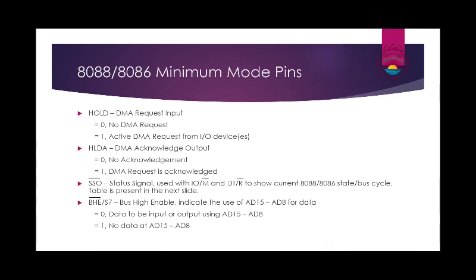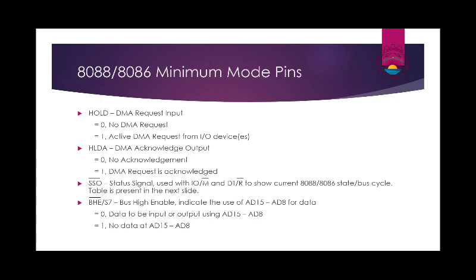In this slide, we are going to discuss DMA related pins present on the package of microprocessor 8088 and 8086. Hold pin is to receive DMA requests from IO devices, and the response of those DMA requests will be generated at HLDA output pin by microprocessor.